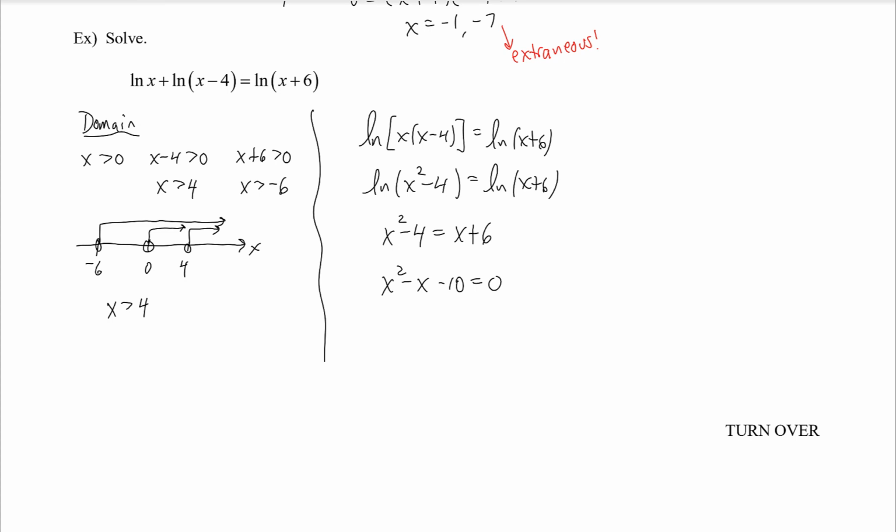We're going to be able to factor this one. Let's see. Factors of 10 that differ by 1. Maybe not. Might have to do the quadratic formula. Maybe not. Let's go back. When I distributed x, it should have been 4x.